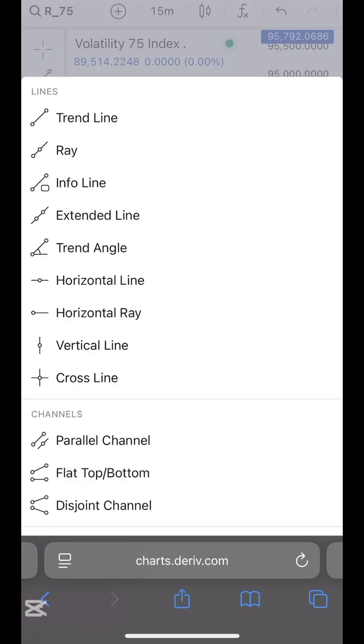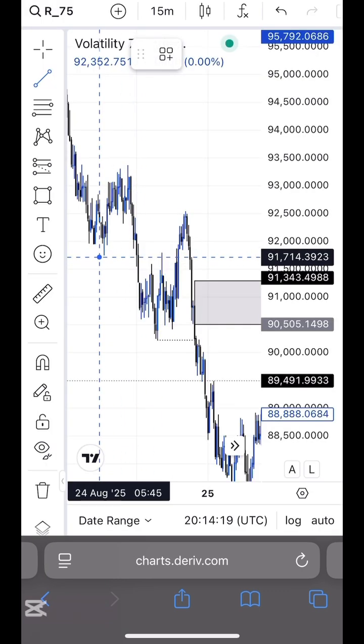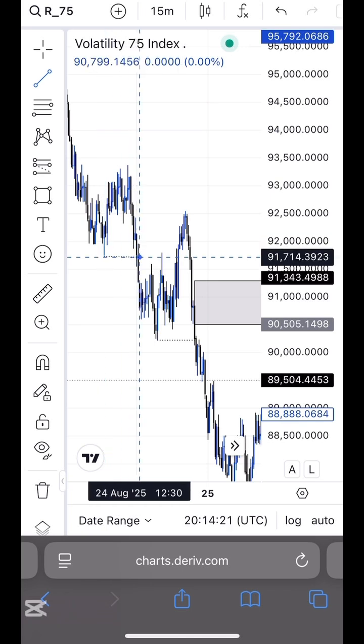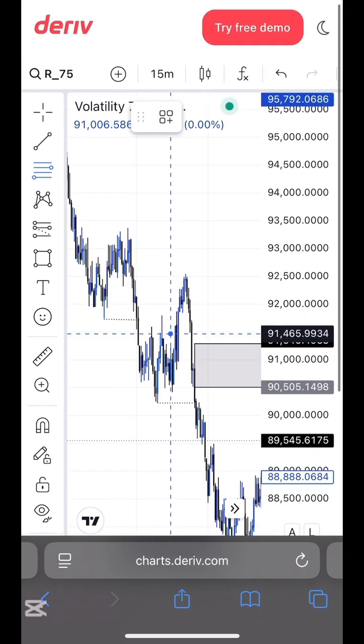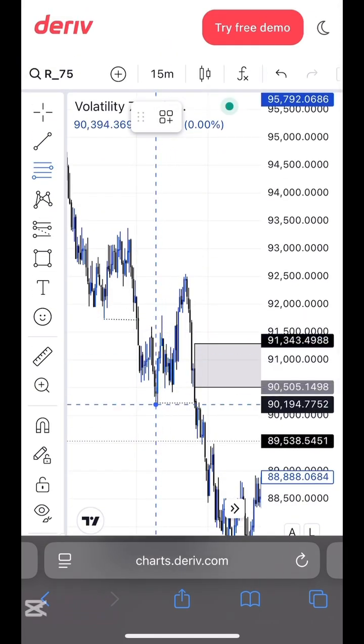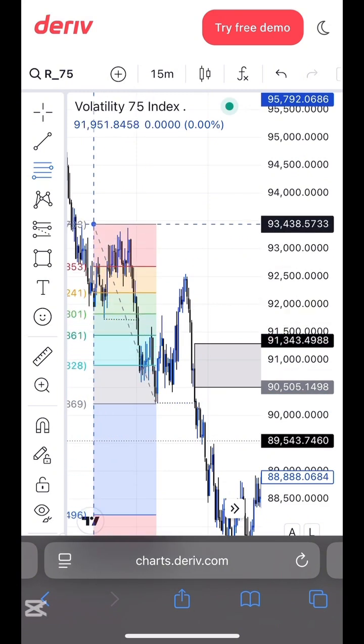So this is a breakout structure here again. So you take your Fibonacci retracements and mark it from where the market started retesting from to the origin that caused the breakout structure.